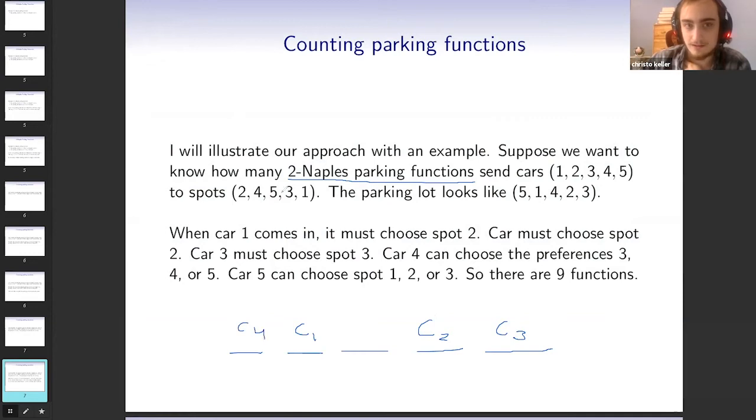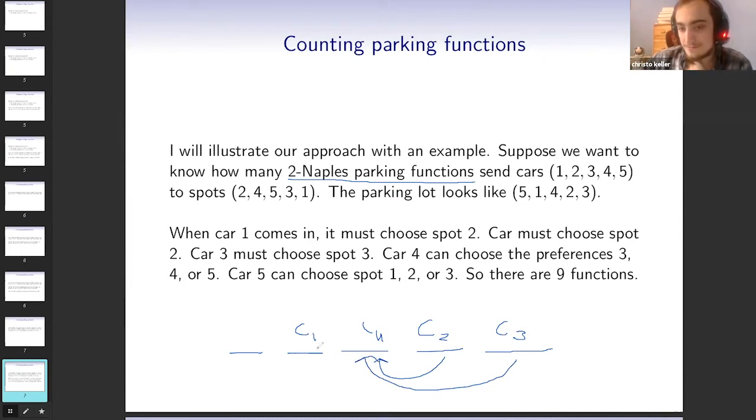It's supposed to be in the third. If it tries to go to the second, then the Naples backing up rule will put it in the first. So that doesn't work either. But it can, of course, try to park in the spot it actually wants, or the spot after that, because then it'll back up into it, or the spot after that.